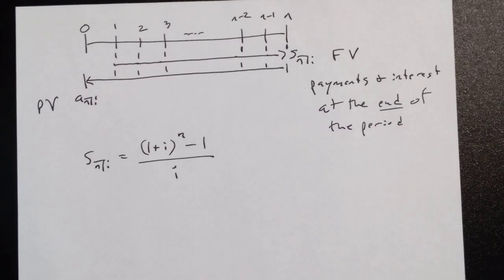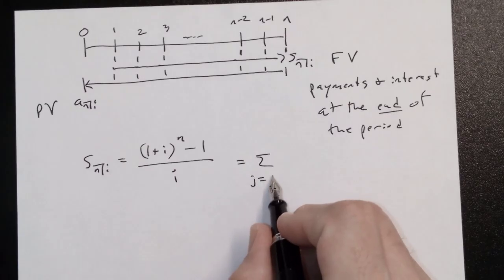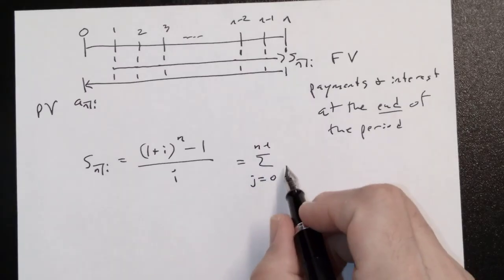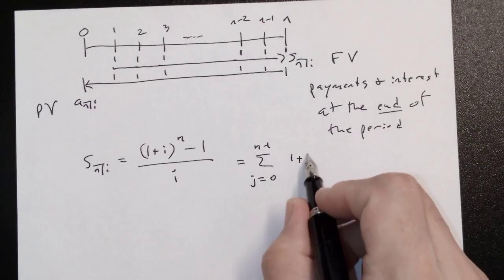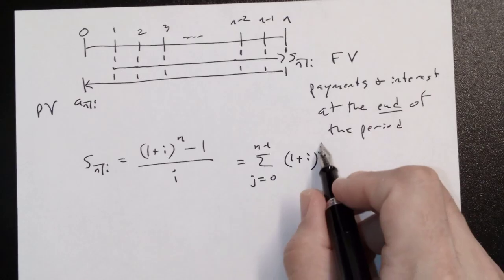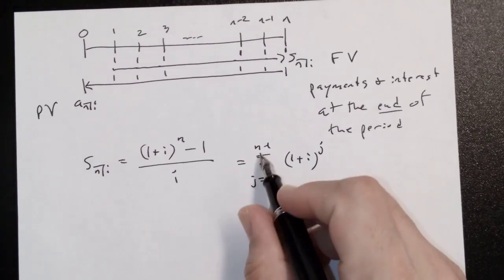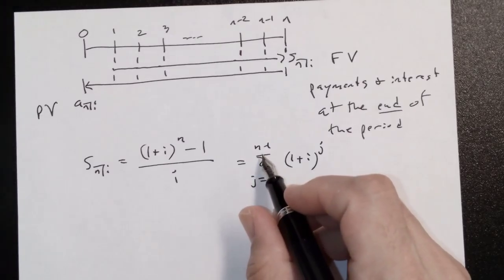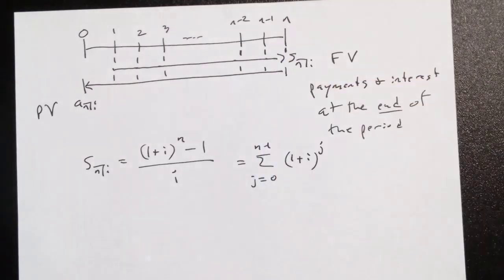We used our geometric sum idea. No, if I'm using 0 to n minus 1, I think I've written this down wrong.